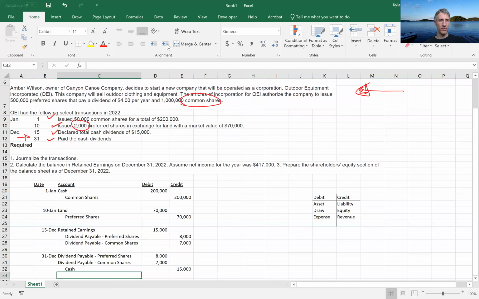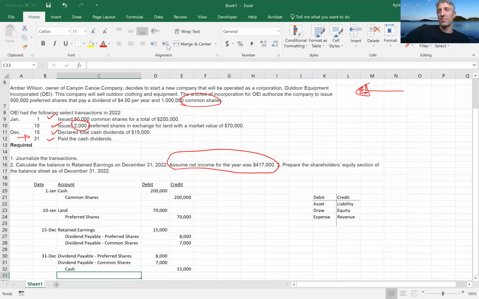So what else do we need to do? Requirement 2 is calculate the balance in retained earnings on December 31st, 2022. Well, retained earnings, we know, is the accumulated net income of an organization minus dividends. So we need to know, well, assume net income for the year is $417,000.